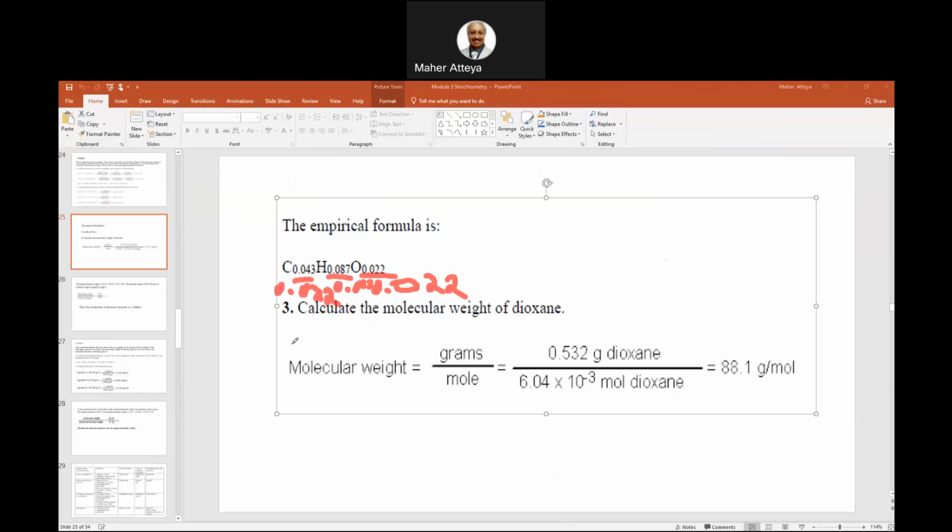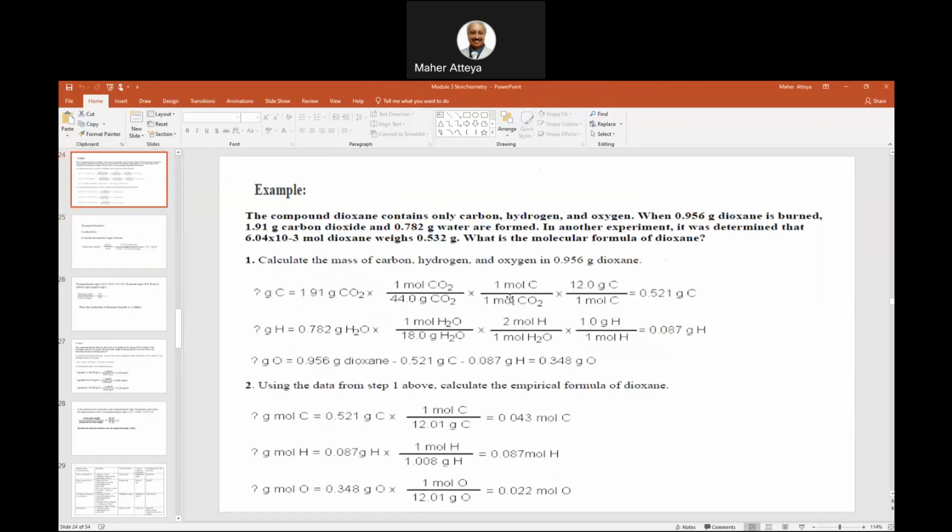Now, if you look at this, the molecular weight I showed you, let me go up here. Here it is. Let me show you how we get the molar mass of this dioxane. It turns out the molar mass is number of grams divided by number of moles.